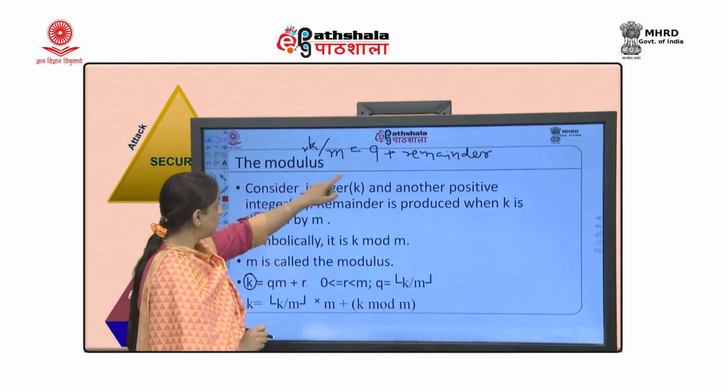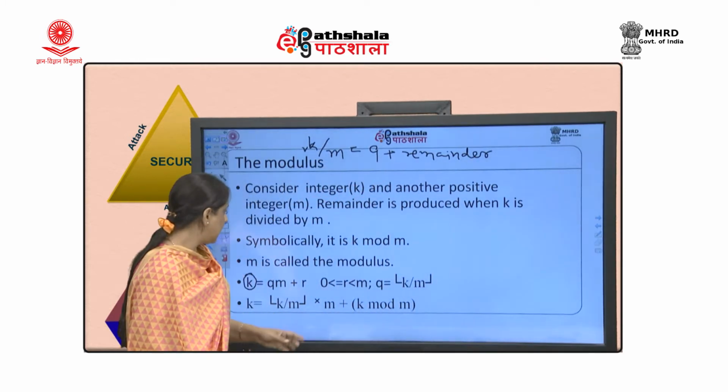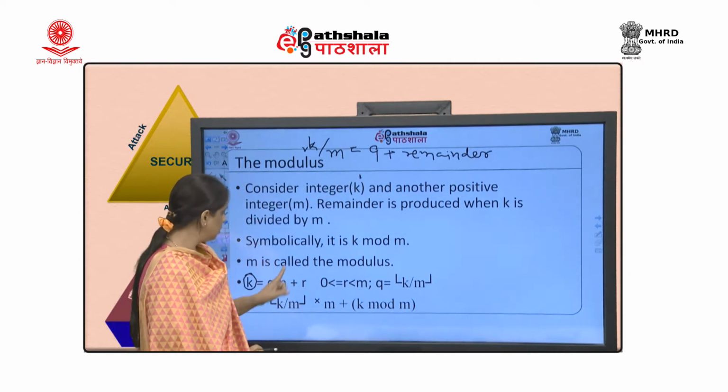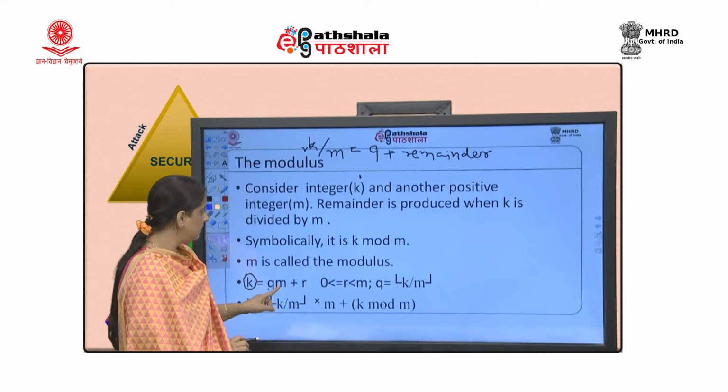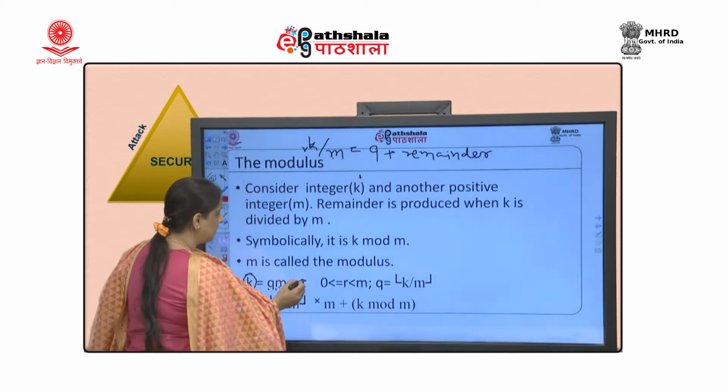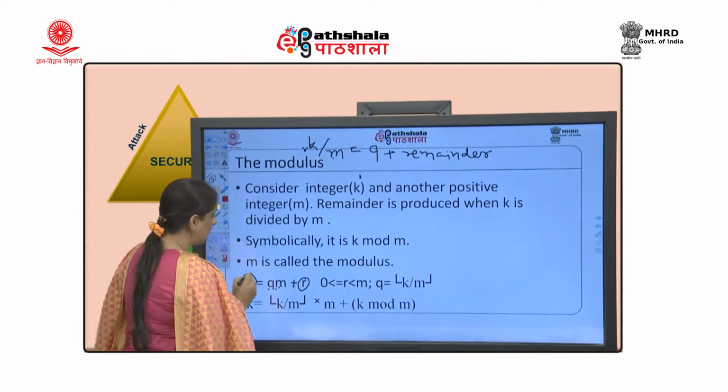This remainder is called a modulus. How would we represent this in an equation? The quotient q is multiplied with m, the number you divide by, plus the remainder, and you get the value back.